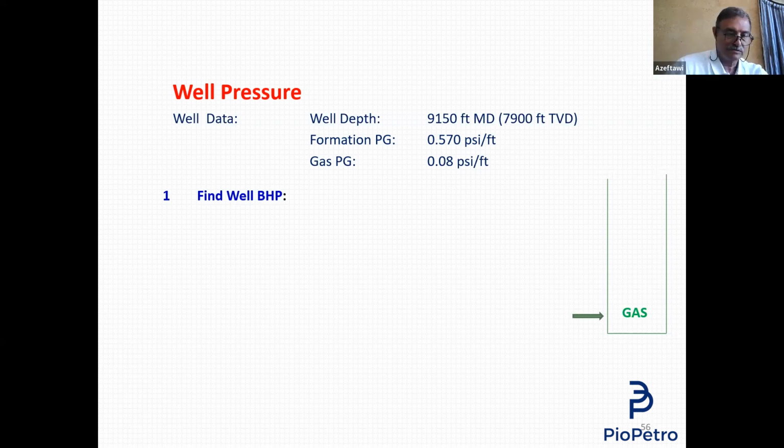The four answers you might select: one of them is that it will read the hydrostatic head pressure, or it will read the formation pressure, or it will read the sum of hydrostatic head and the formation pressure, or you have to subtract both. I need an answer. Let me see if you have an answer to my question or not. Okay, I have some questions.